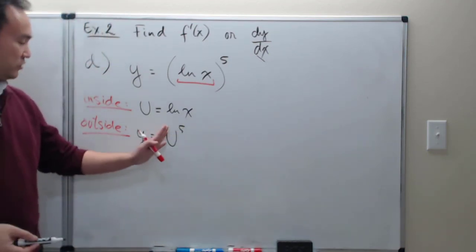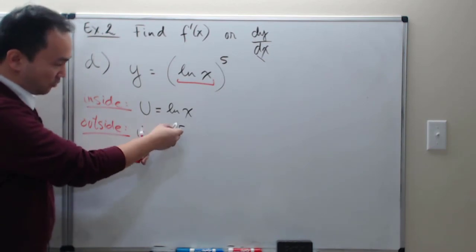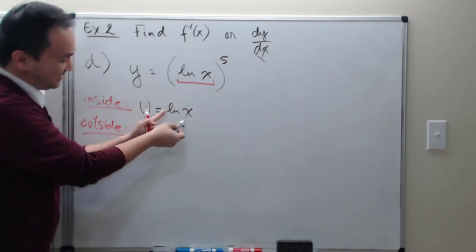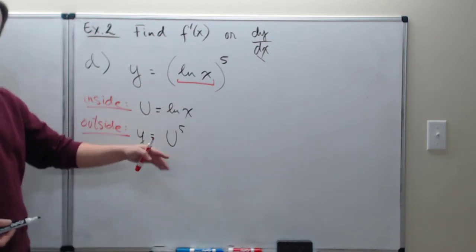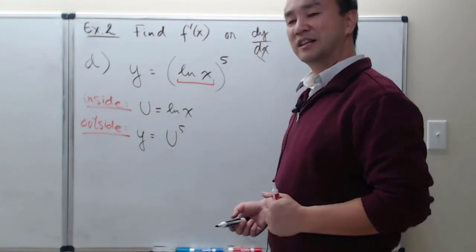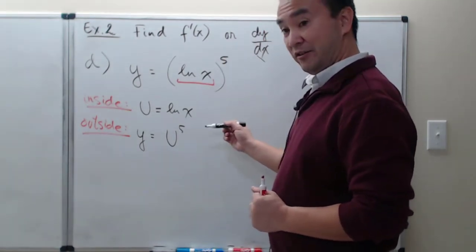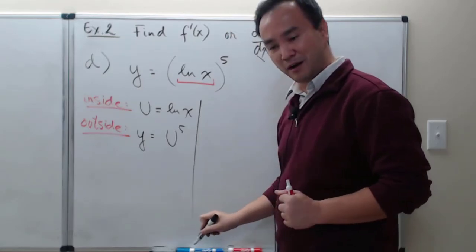Okay, so the outside function is the 5th power function, and inside of that variable we sort of dumped in that expression natural log of x, and that's how we've been having that concept about inside and outside the whole time ever since we learned about the chain rule. So now we're about to use the chain rule to solve our problem.